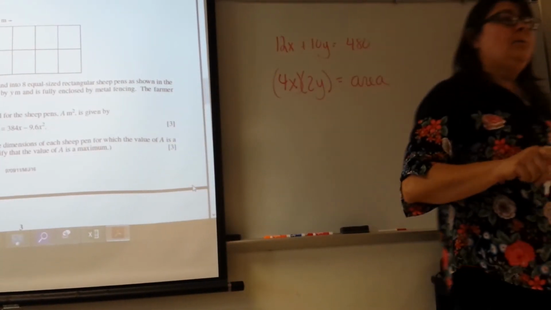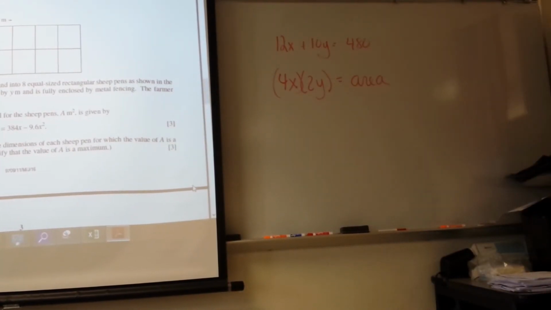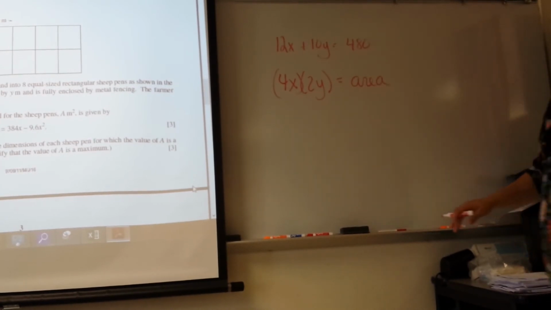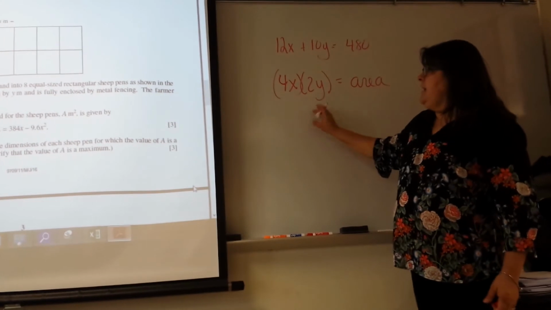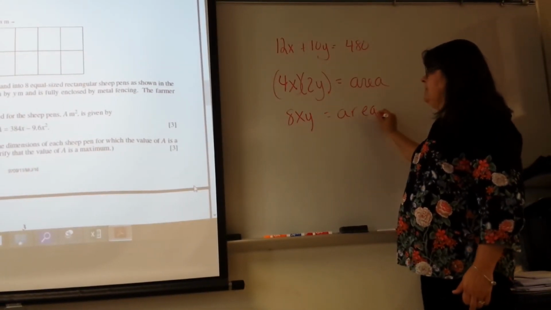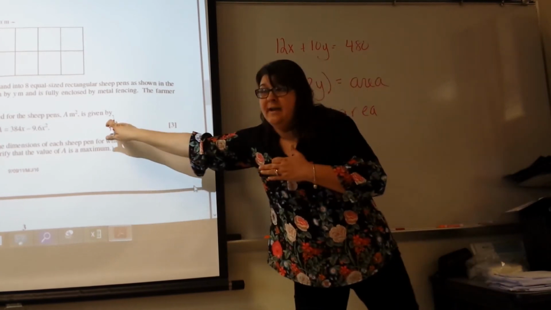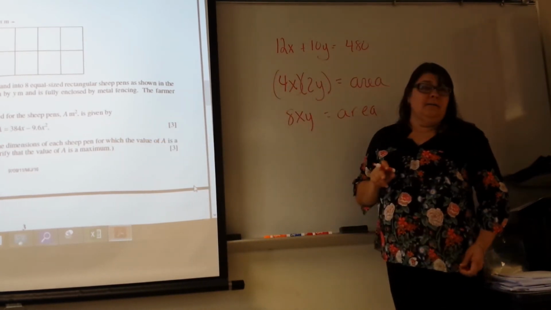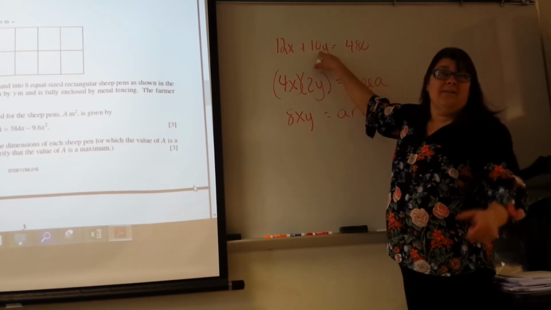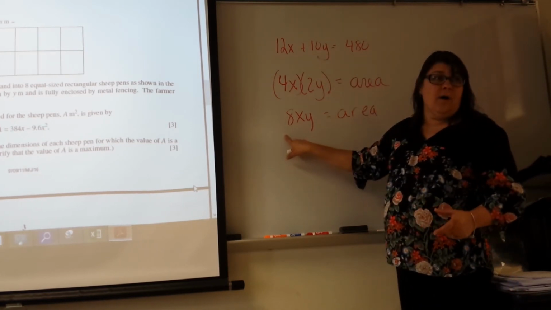So what do we have going on here? The answer that they want me to have is all in terms of x. The area that I have here, if I clean it up, is 8xy. Not quite what I need. I need everything in terms of x. So how do I do that? Well, if I solve for y in terms of x, I can get everything in terms of x and plug it right in here for y.